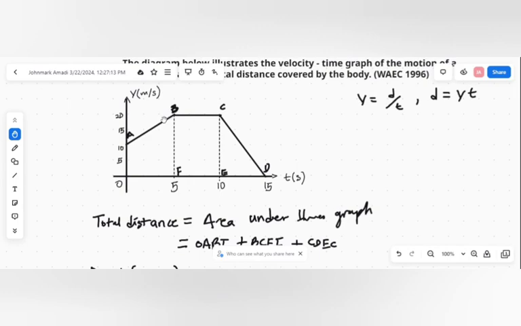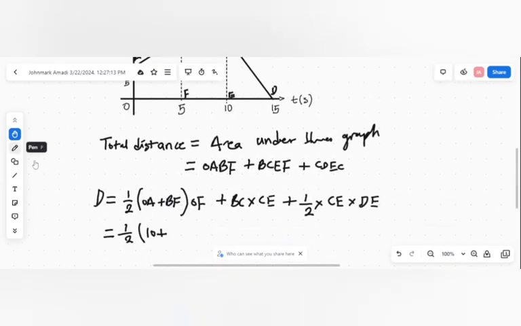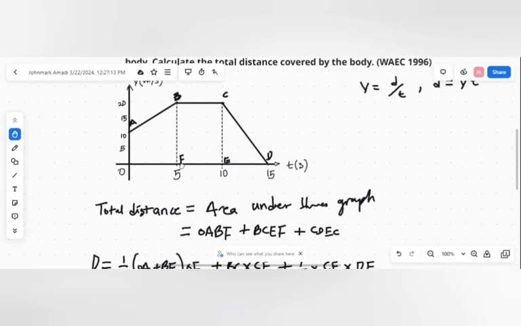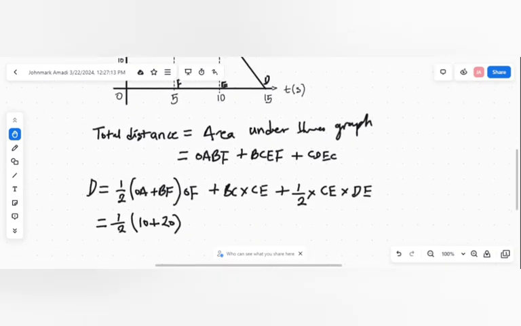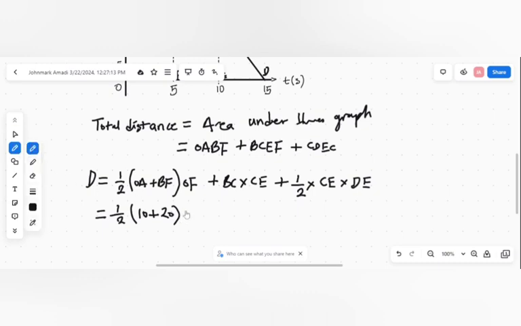BF, if you trace it down from the top, is 20. So we write plus 20. And then OF, which is the height, from O to F, is 5. Plus BC times CE.